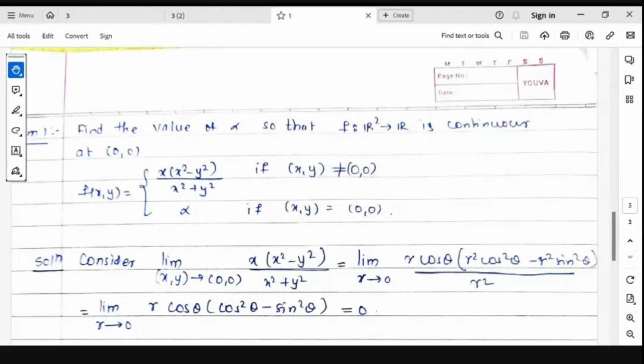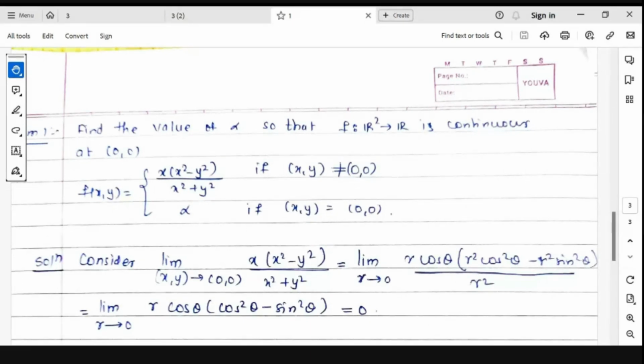A scalar valued function f(x) is said to be continuous at x equal to a if the limit as x approaches a of f(x) is equal to f(a).